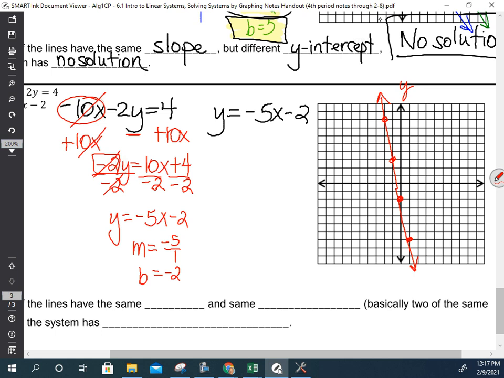That's your first equation. Second equation. Y is already by itself, so that means you just have to identify the slope and the y-intercept. What do you notice?